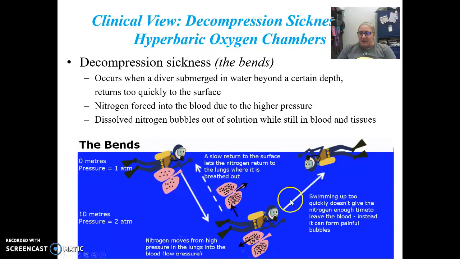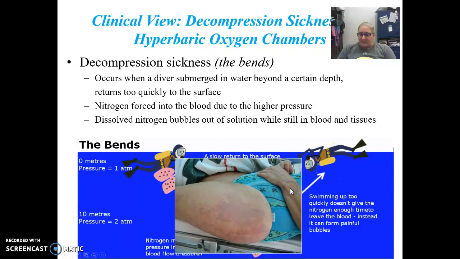But if we swim very quickly, say something happens to our oxygen supply, that can lead to decompression sickness. And decompression sickness can cause blood vessels to burst. It can cause a lot of problems.